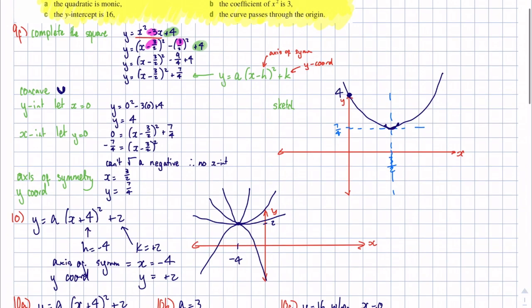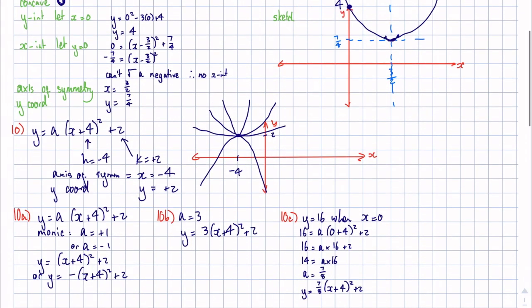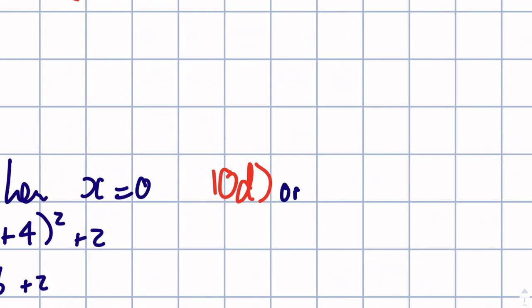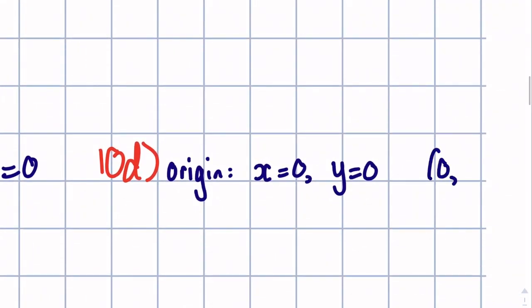And the last one is the curve passes through the origin. Oh, this one's a teeny bit easier. 10D, hopefully. Origin. So it's going to go where x is 0, y equals 0. It goes straight through the point 0, 0.